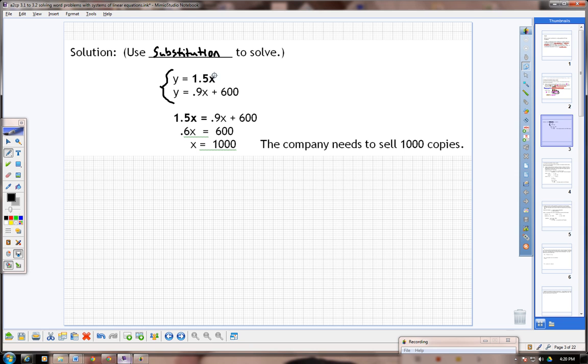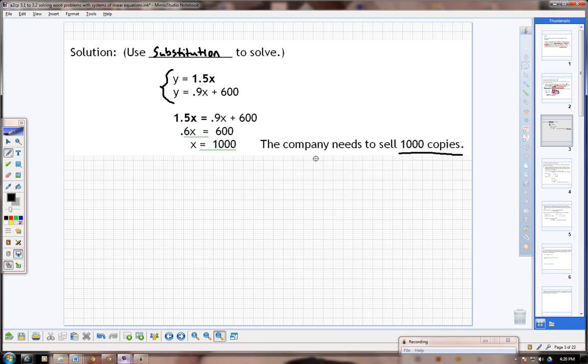Then we use substitution, obviously, and then we can use inverse operations to solve by subtracting 0.9x on each side and then dividing by 0.6 on each side. And understand, at that value, after 1,000 copies, we know that the company will be bringing in as much as they're spending.